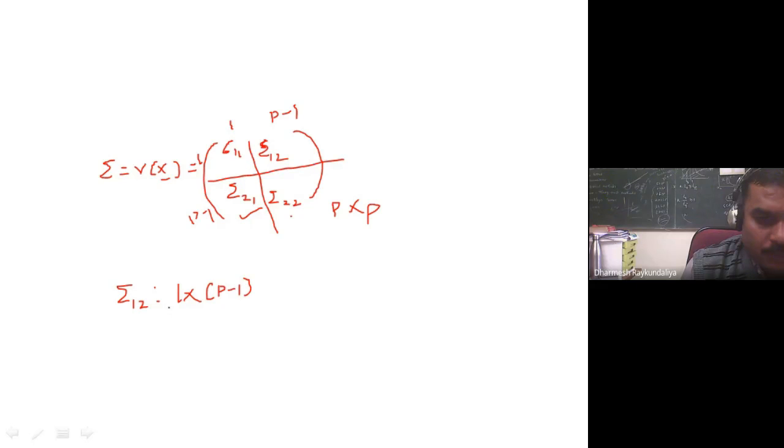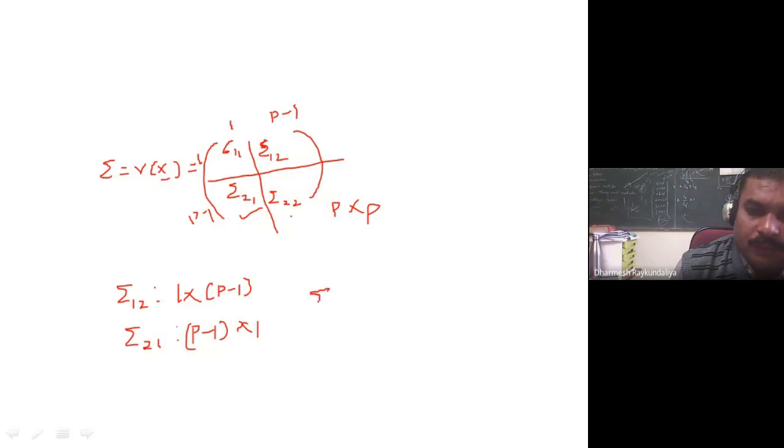You have to remember and understand this. Sigma 2 1 has the order p minus 1 cross 1. So when I say p minus 1 cross 1, how many elements does it have in a column? It has p minus 1 elements in a column. Here, how many elements in the row? p minus 1 elements in a row.